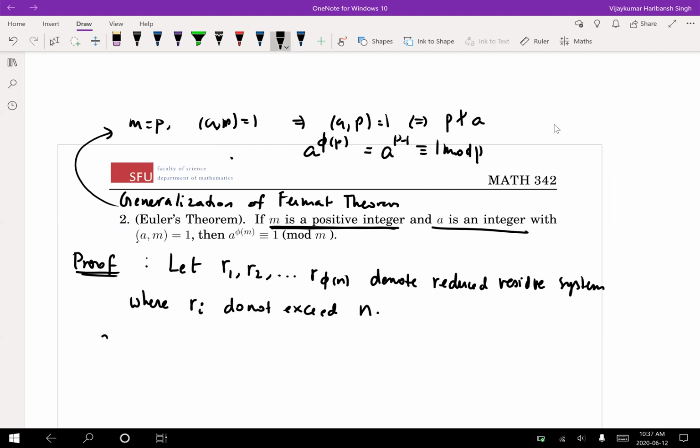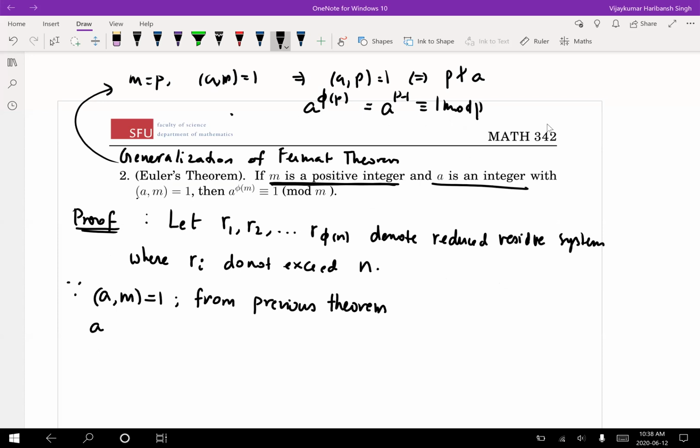Now, since the GCD of a and m is 1, we'll see from the previous theorem that aR1, aR2, up to aR phi of n is also a reduced residue system modulo m.